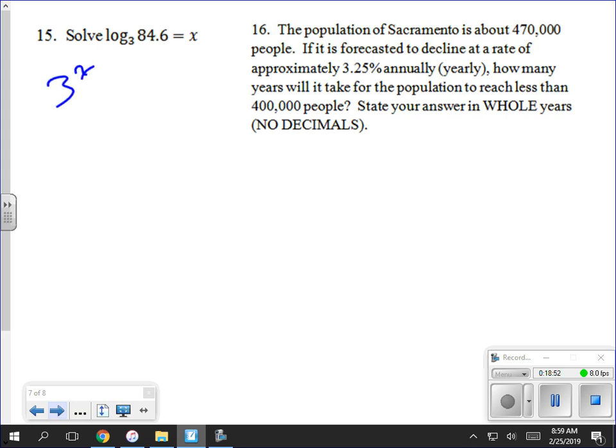So I get 3 to the x is equal to 84.6. Can I write 84.6 as a power of 3? Not easily. So when I have this situation, which is just like the last one, I take the log of both sides.